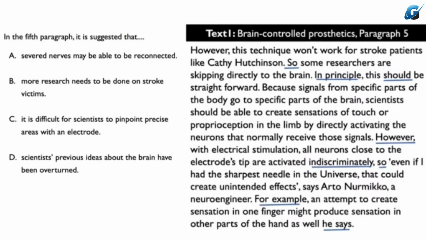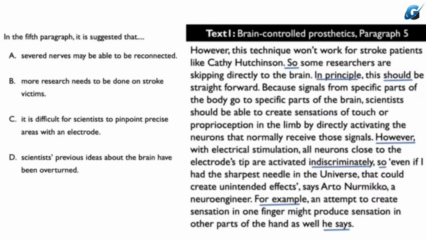So let's move on to option C. It is difficult for scientists to pinpoint precise areas with an electrode. Here it means scientists say it is difficult to make the effects precise with an electrode. So what is mentioned in the paragraph? However, with electrical stimulation, all neurons close to the electrode tips are activated indiscriminately.